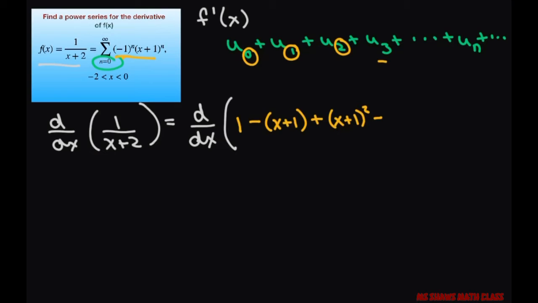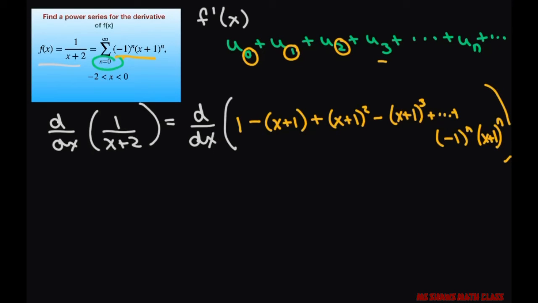And for the 3, we're going to get minus x plus 1 cubed, plus dot dot dot, plus the final part, which will be negative 1 to the nth power times x plus 1 to the nth power, plus dot dot dot.